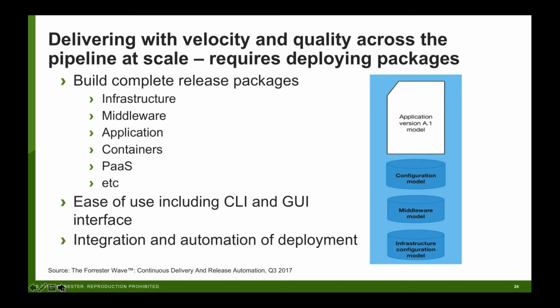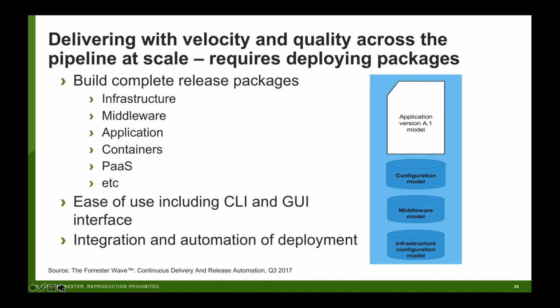But the reality is, one of the things we are seeing organizations do now, especially if you're delivering on a cloud stack, is that the deployment of a particular application that runs both on-premise and in the cloud may look the same or may look totally different in the cloud to on-premise. But you really need to build complete release packages. That needs to include infrastructure, middleware, applications, maybe your container environments, maybe your PaaS environments.